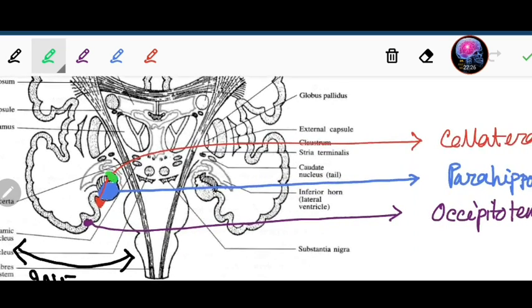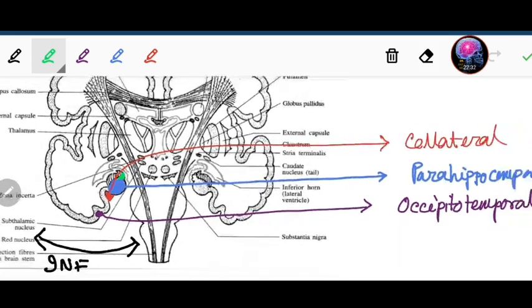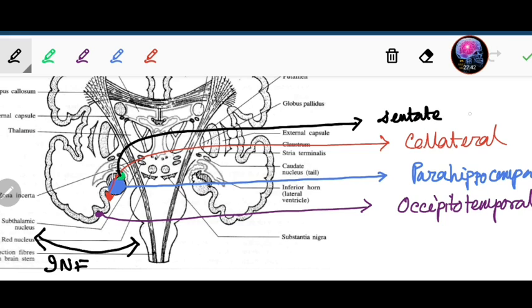This is the dentate gyrus. See this green color. This is overlapping the parahippocampal gyrus from medial and above. So this is called the dentate gyrus.